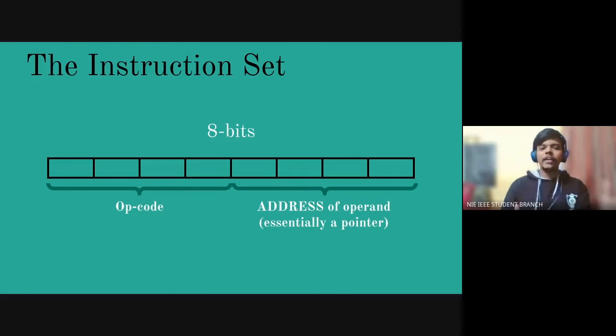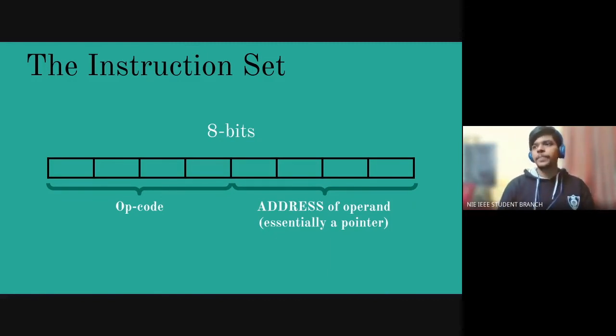The left half is reserved for the opcode or the operation code, which defines what operation should be performed by the CPU on the right half, which is for the data. So the right half represents data, left half represents opcode. And the right half specifically doesn't represent the data directly, but it represents the address of the data.